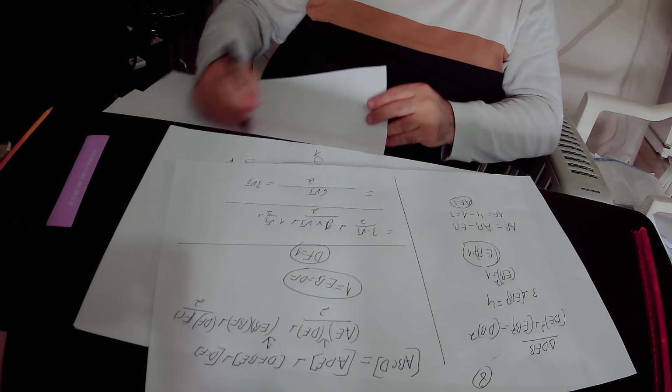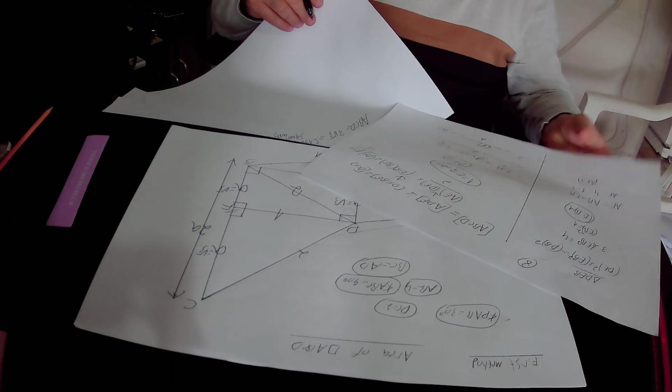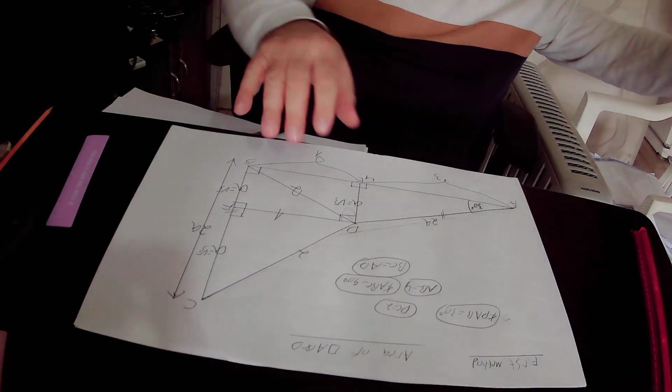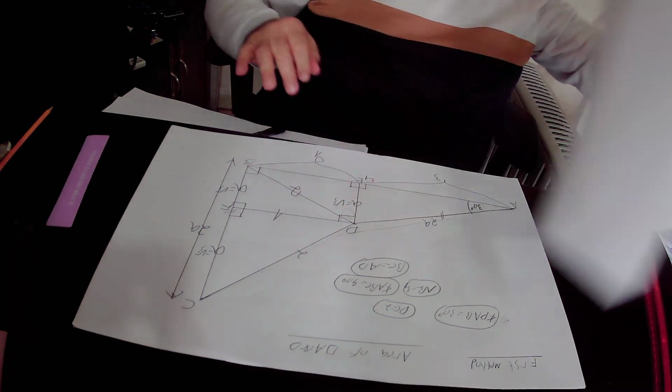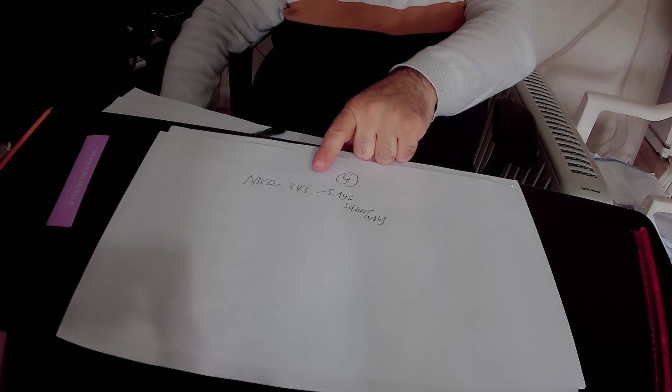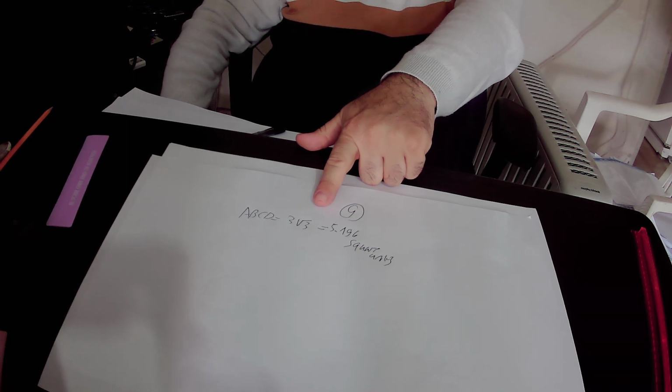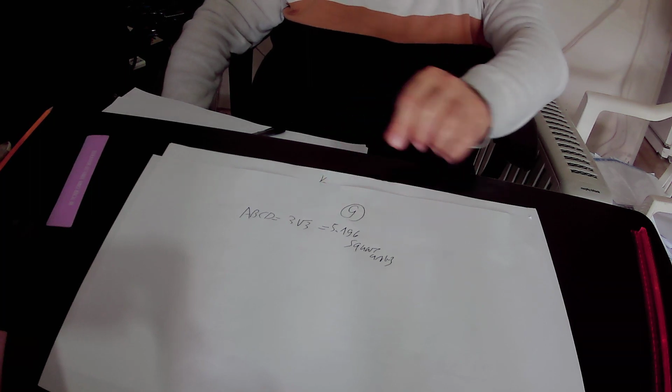I'll repeat again. We actually found out that the area of this quadrilateral ABCD equals either 3 times square root of 3 square units, or in terms of numbers, it equals 5.196 square units.